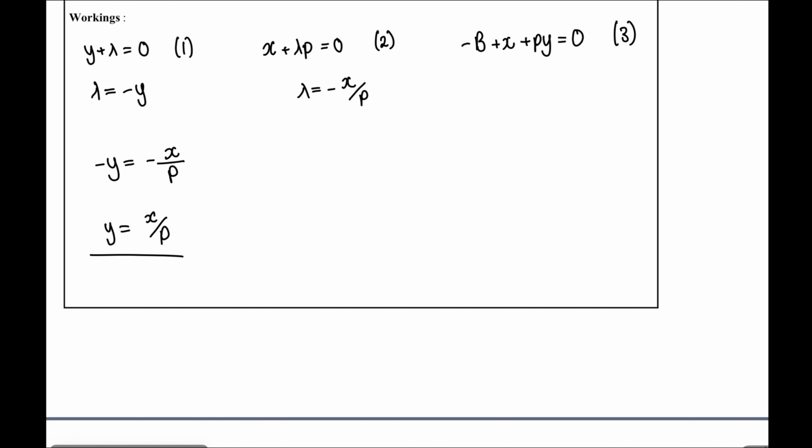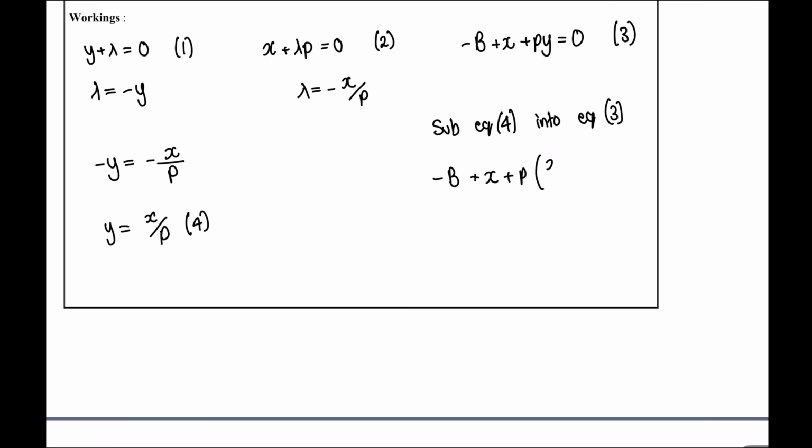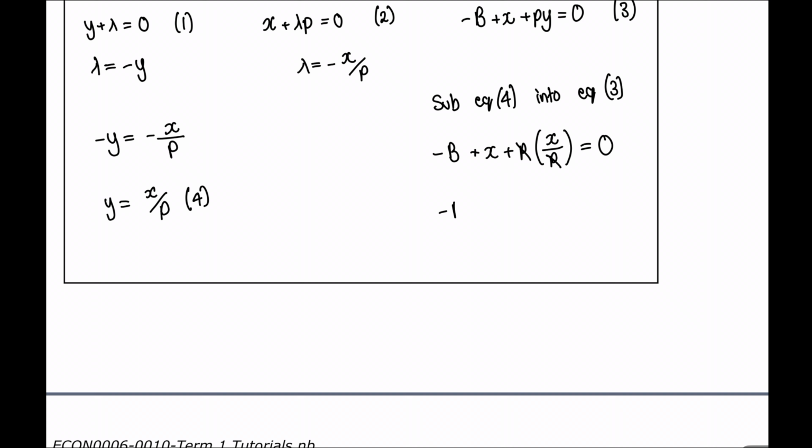Using this, I am going to substitute this equation, which I'll label 4, into our equation 3. So sub equation 4 into equation 3, we get minus b plus x plus p brackets x over p is equal to 0. These p's cancel out, so we get minus b plus x plus x is equal to 0.